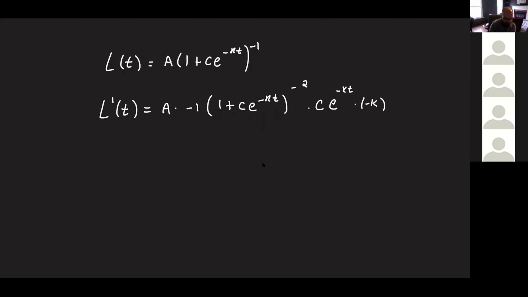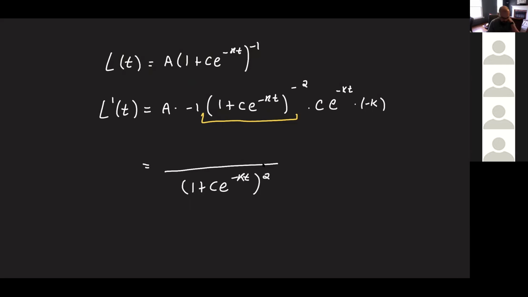So let's bring all of this together and look at it in a cleaned up way. As I break this down, this right here is going to go into my denominator since it has a negative exponent. So I'm going to write this as 1 plus c e to the minus kt, squared.